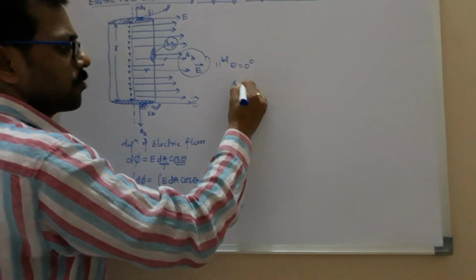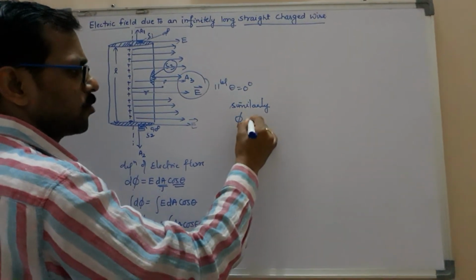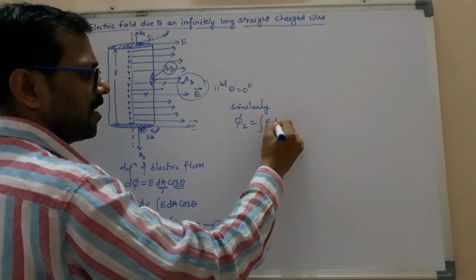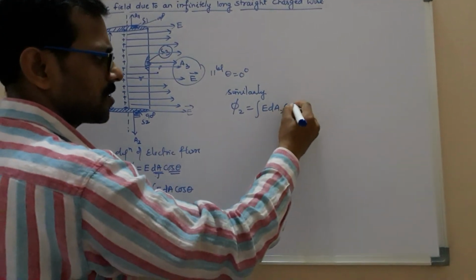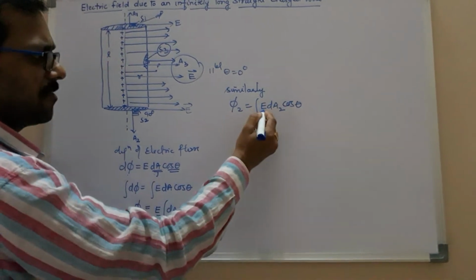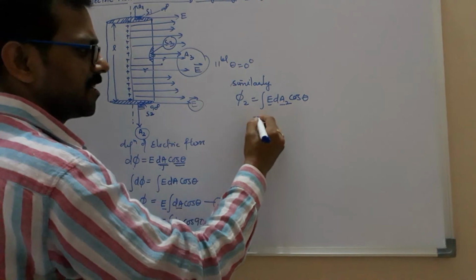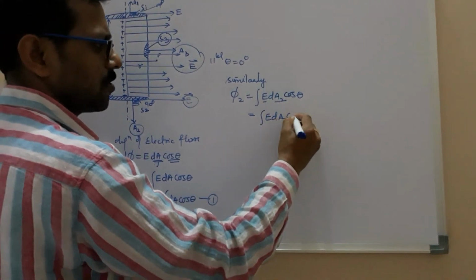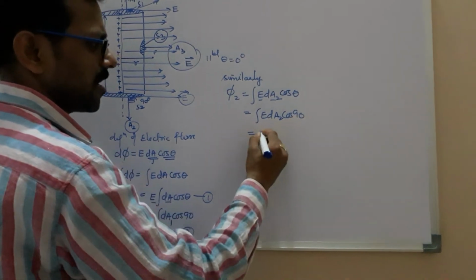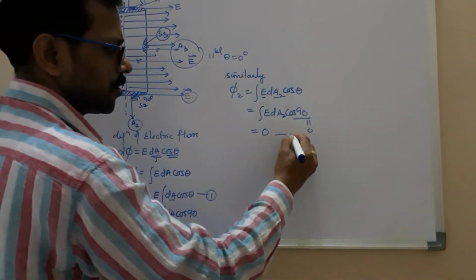Similarly, for surface 2, phi 2 equals E dA2 cos theta, and the angle between E and dA2 is 90 degrees. Again cos 90 is 0, so phi 2 equals 0. Why? Because cos 90 equals 0. So this is equation 3.